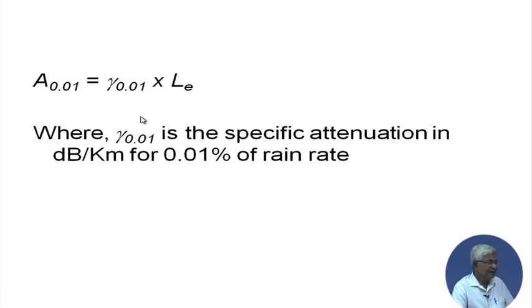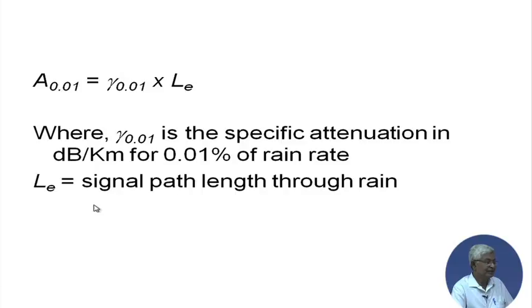Gamma is called specific attenuation, in dB per kilometer, for 0.01% of the time of the rain rate. LE is the slant length through which the signal is passing through the rain, the signal path length through the rain.